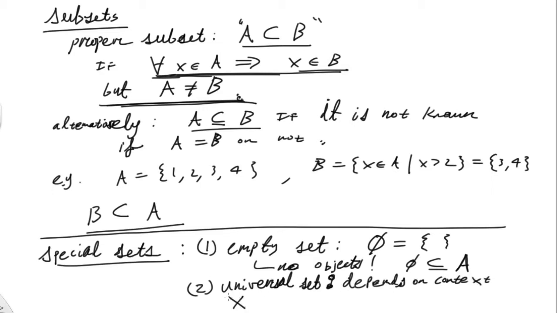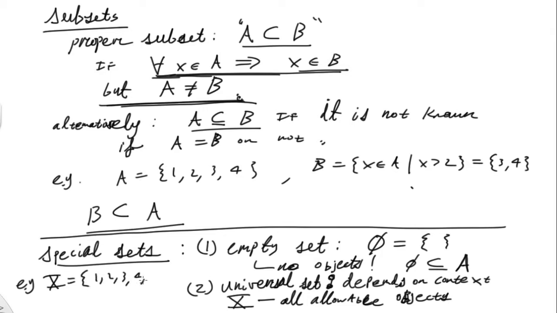But the universal set, we usually give the symbol capital X, and it is basically all allowable objects, all objects we can consider within a given context. For example, if X is just the natural numbers, 1, 2, 3, 4, going up forever, then that represents this big universal set of all allowable objects under consideration.